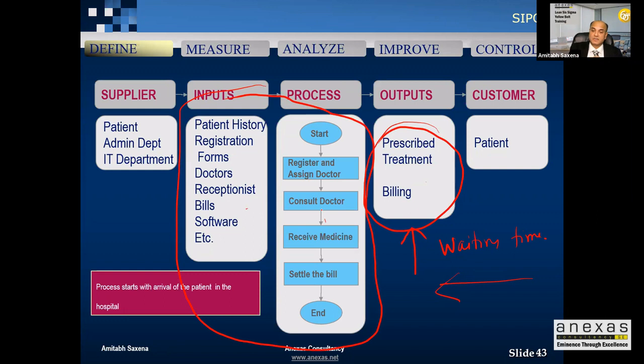So my focus should not be on the Y, we call this Y. And the inputs and processes, we call them X factors. So my focus should not be on the Y, the focus has to be on the X factors, which is patient history, available, not available. See, measures, I can measure everything.